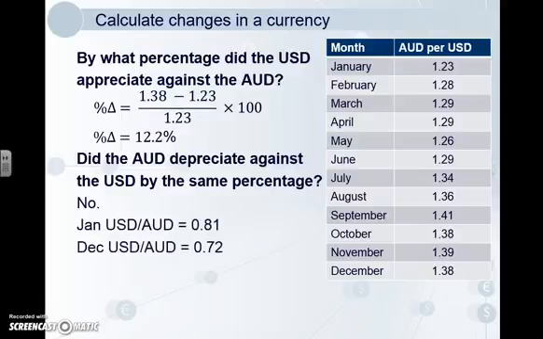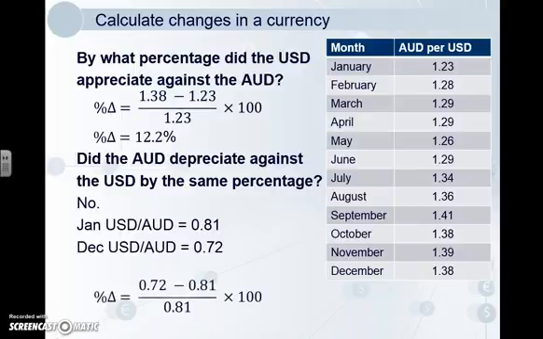Alright, so the first thing you should have done is find the January and December values of, sorry, of US dollar per Australian dollar, which are 0.81 and 0.72. If you don't know how we got those, you just need to rewind a little bit and you'll see how we did it. What we do then is the same.